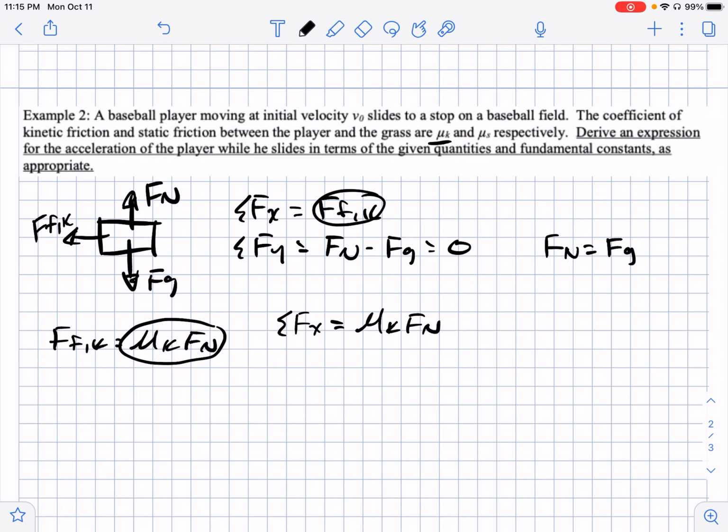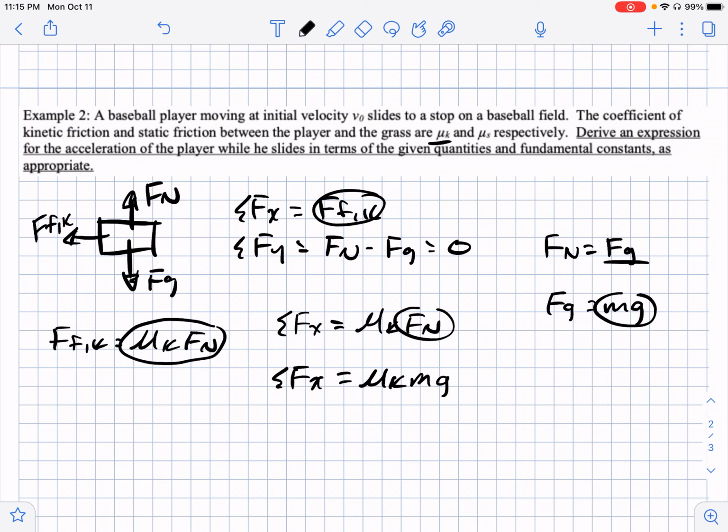And my normal force is equal to the weight, and we know weight is equal to mg. So we can plug this in for my normal force. So let's go ahead and rewrite it. So your net force in the x direction is equal to mu k mg.